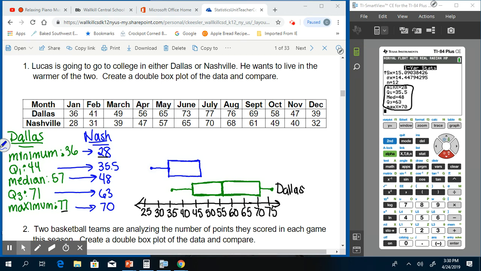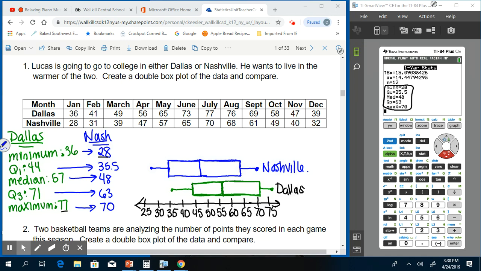Then over to 63. So we have a pretty large spread in this 25%. And then to 70 for our last 25%. Done.